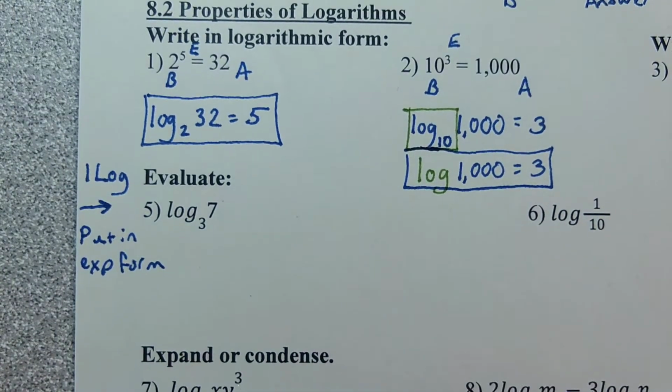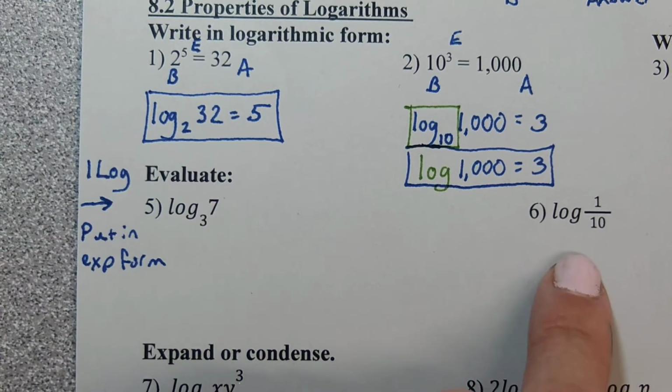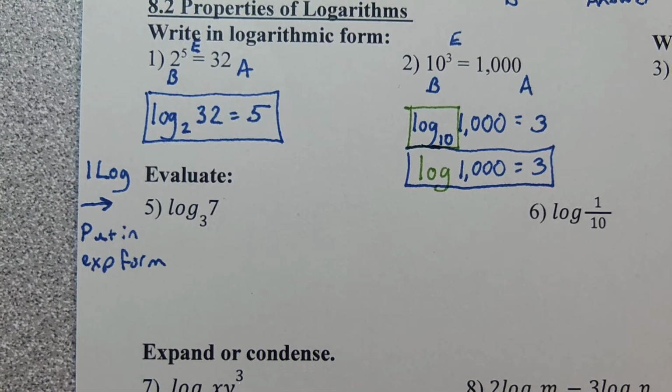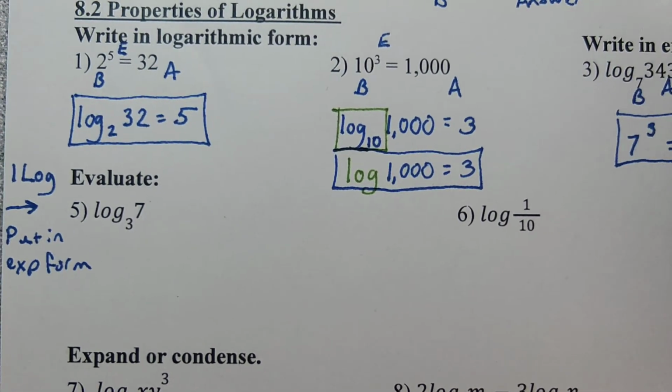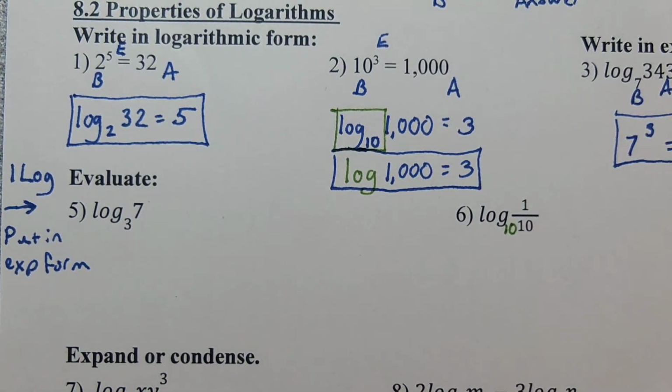So we're going to put it in exponential form. We're actually going to skip number 5 for right now, and we're going to look at number 6 first. So if I try to put this in exponential form, first, since there is no base explicitly written, we can assume that this is the common log or base 10.